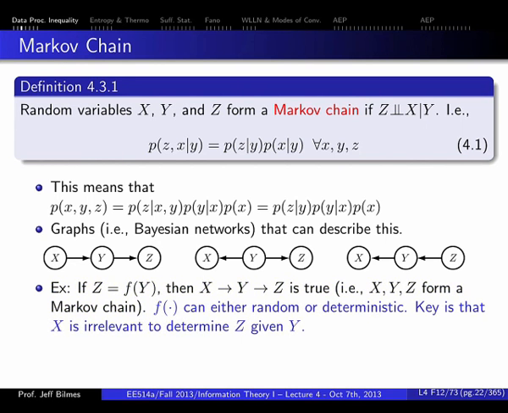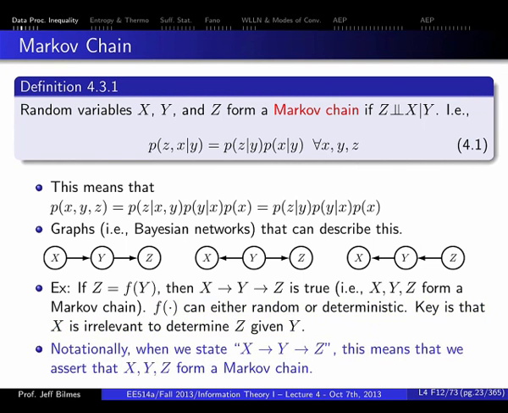F can be random or deterministic. The key is random, and what we mean by random is independently random, independent of X. So let me make sure that that's clear. So it can be random as long as it's independent of X. Or deterministic, it doesn't matter. X is irrelevant.